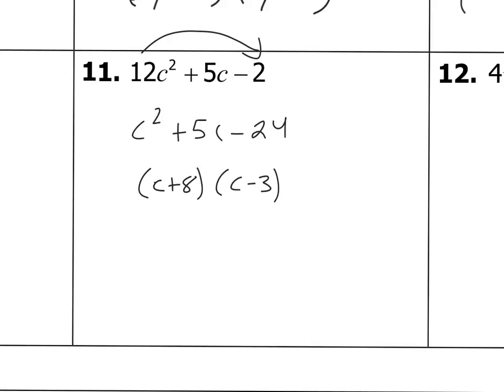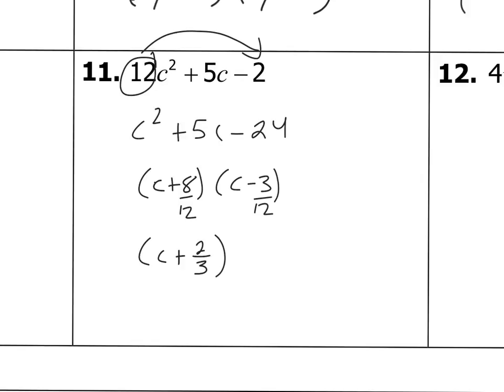Then we slide our original value underneath the two numerical portions of our binomials. Simplify, which we can. The first one would be c plus 8 over 12. We could divide both of those by 4. That would be 2/3.